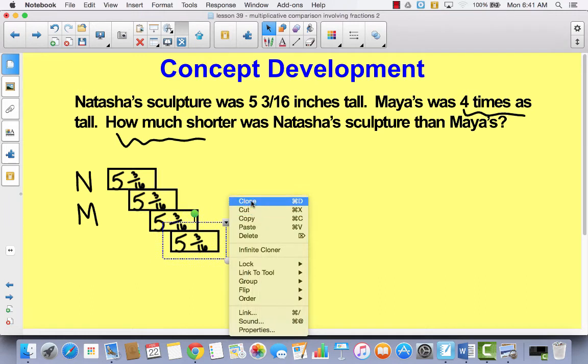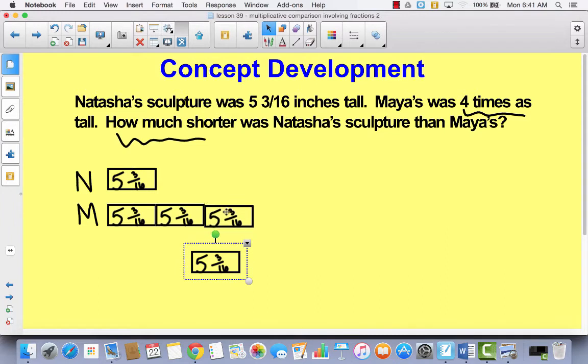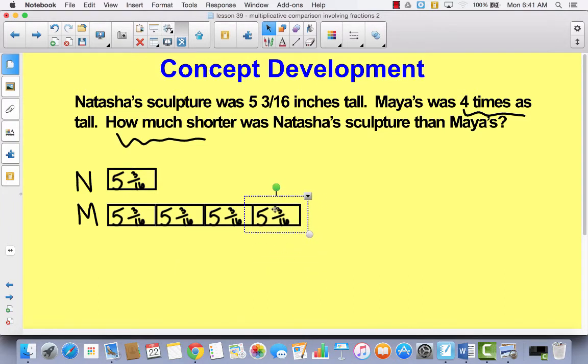Sorry, I kind of have the advantage here with the computer. And then I'm going to put all 4 of these together. Okay, so I've got 1, 2, 3, and 4. So I want you to make sure that if you need to pause the video and get caught up with me, that you do. Okay, so now we have Natasha, and then we have Maya's, which is 4 times Natasha's.